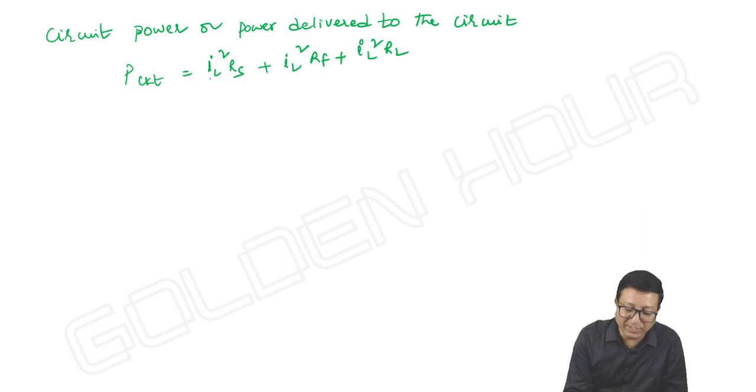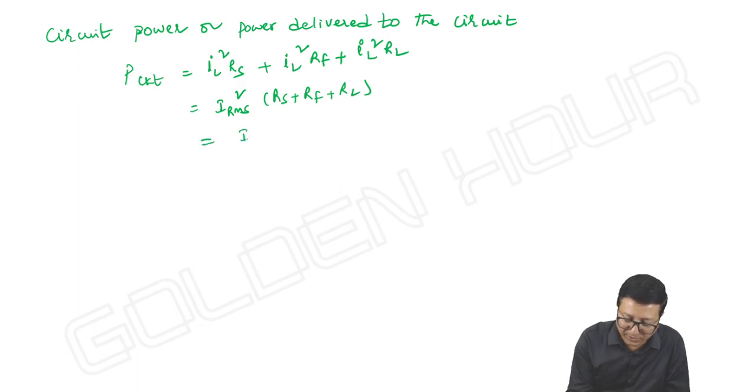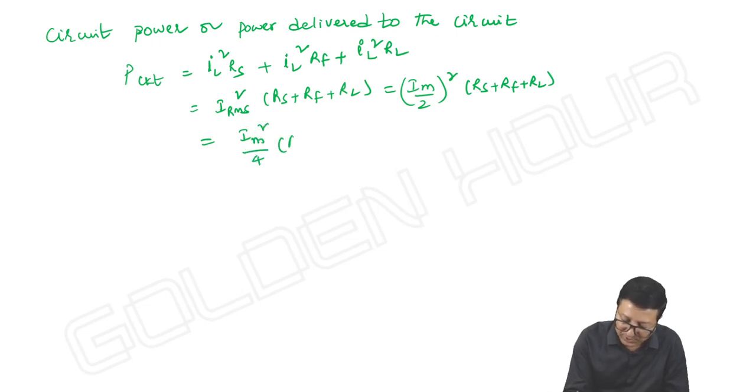Even though I am writing IL square, at the time of substitution we should write its RMS value, so I can write IRMS square into RS plus RF plus RL. It is equal to Im by 2 whole square into Rs plus Rf plus RL, or it is Im square by 4 into Rs plus Rf plus RL.